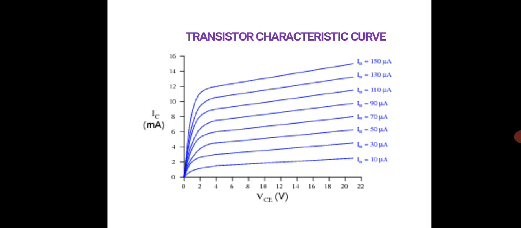You could see the transistor characteristic curve rises, and for every base current there is a slight rise in the voltage, that is, a slight rise in the current IC max.